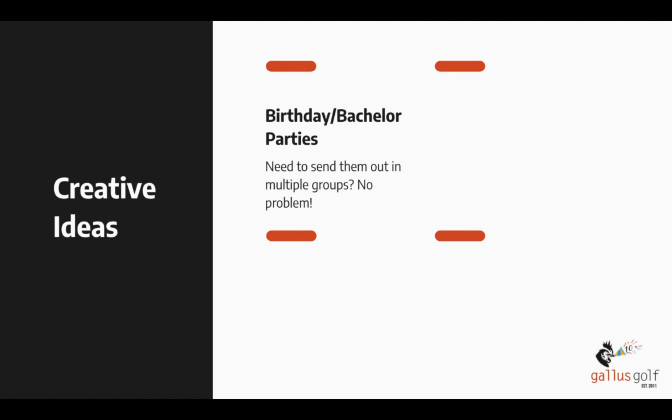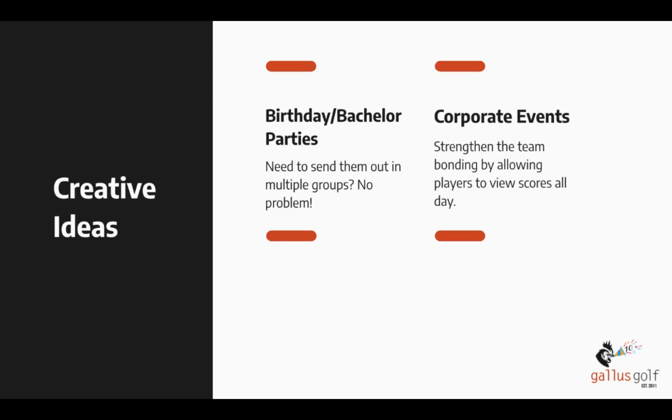It is a nice feature that they can live score and see everybody's score as they're playing, and they get to choose the game type and everything. So you just explain to the person that booked it how they join, name it whoever's birthday party or bachelor party it is, and have them go out and play. Super simple, super easy. And again, you can make some extra money from this if you want to, or just add it as a nice feature for them.